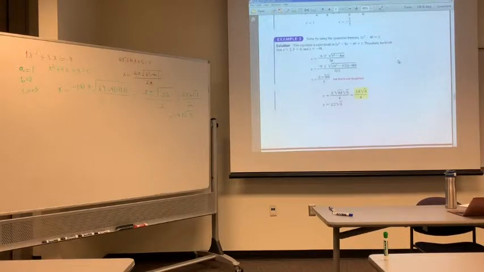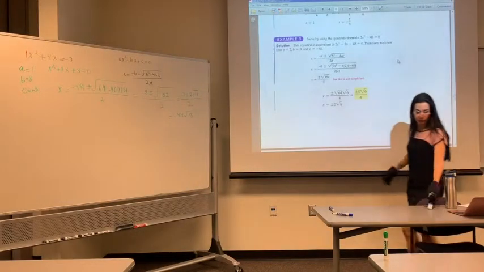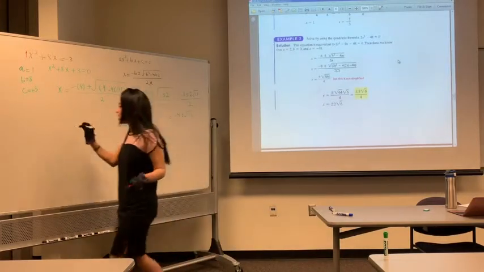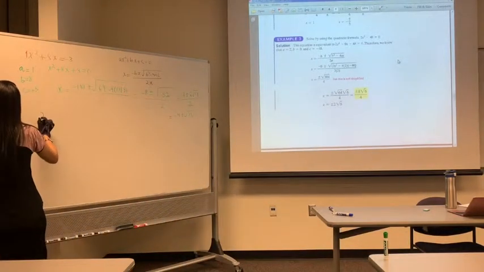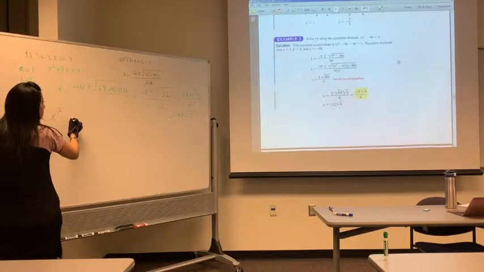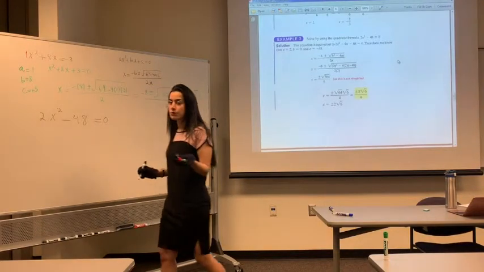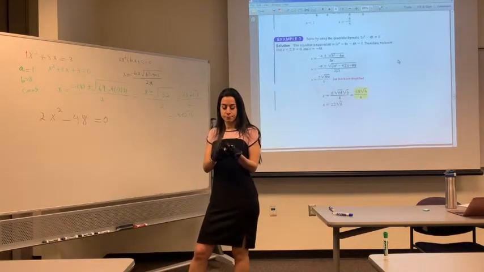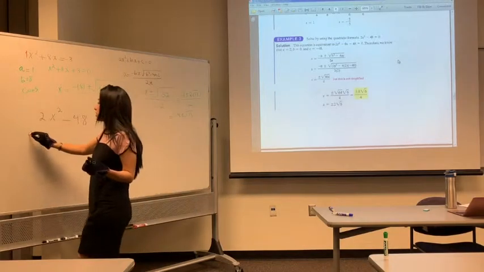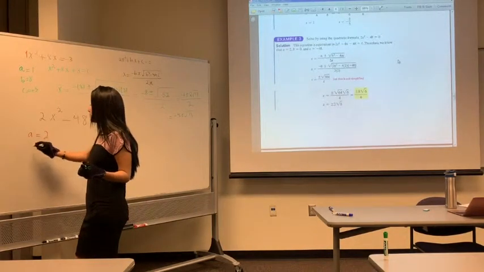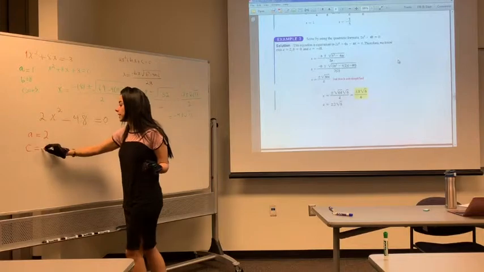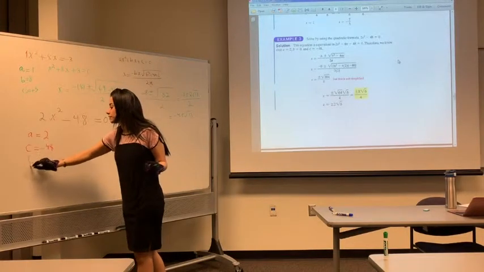Solve this one. 2x squared minus 48 equals 0. What is a? 2. What is c? Negative 48. What is b? 0.